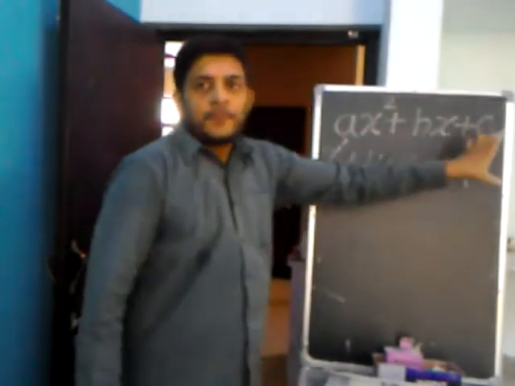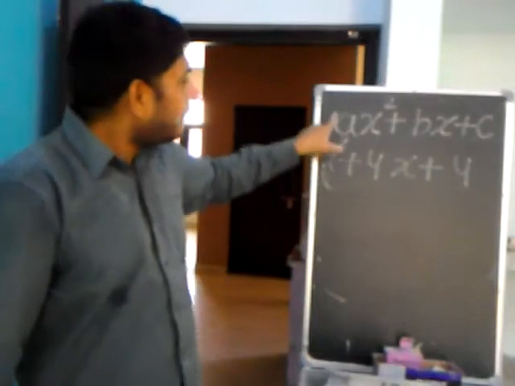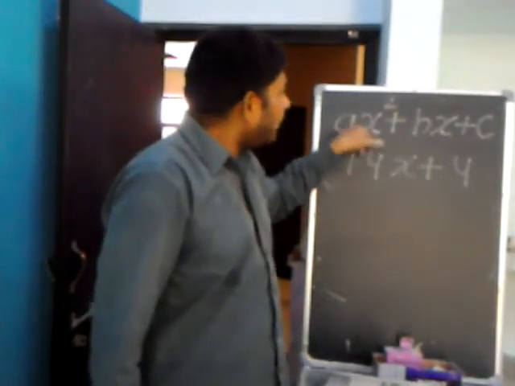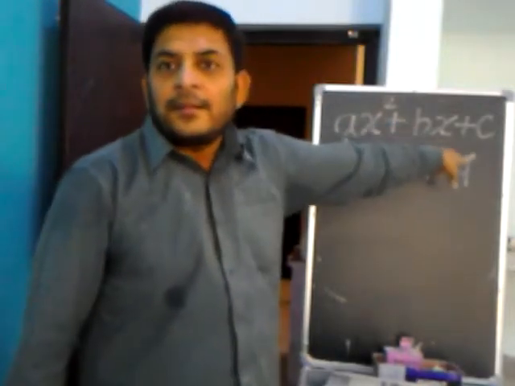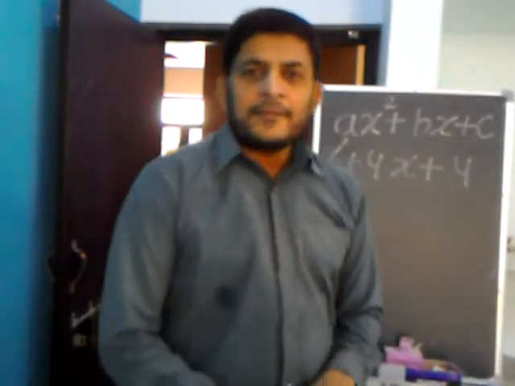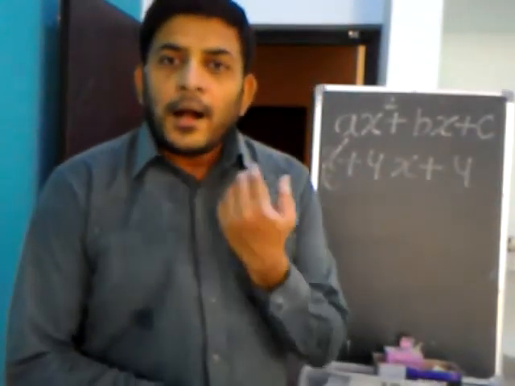This is how we represent a polynomial in general terms. And let me remind you that these coefficients, a, b and c, can be negative integers also, and they can be other variables also.